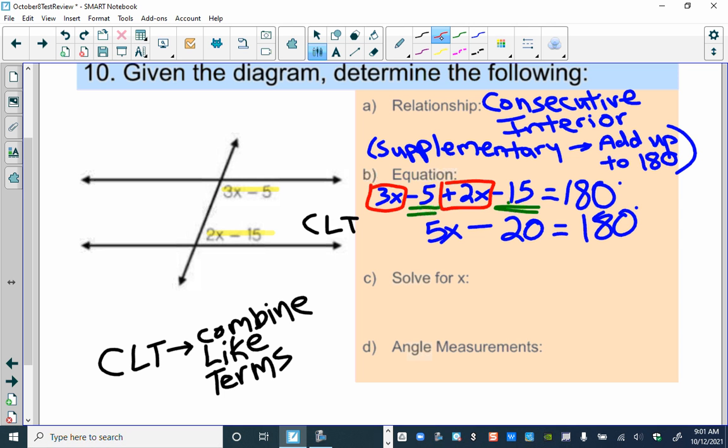Okay. From here, I want you all to try to solve for the x. Give you a moment or two.